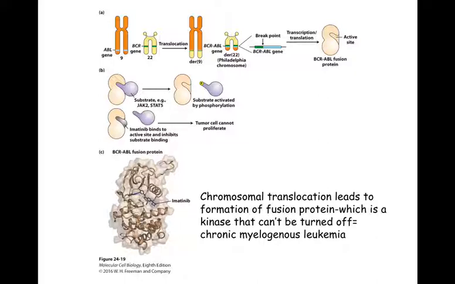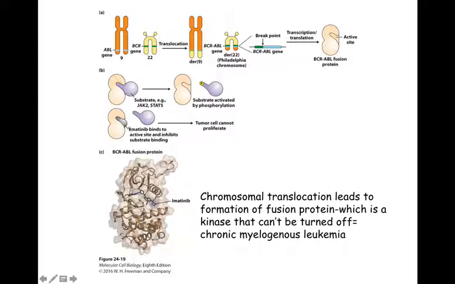There's been a drug developed called imatinib, which is a competitor for the binding site on this mutant kinase that gets made. The kinase has normal substrates, quote unquote, that it binds to and phosphorylates, say like a JAK or a STAT, and it has a certain shape.